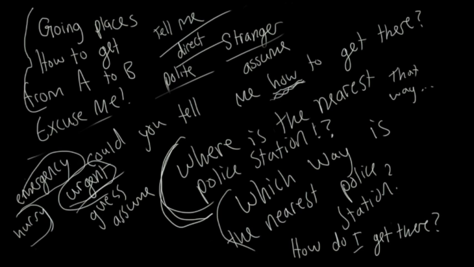That can be your next question. And so if you don't get what you want by asking this in an urgent or emergency situation, you can always ask another question, right? Which way is the nearest police station? It's that way. Okay, how do I get there? So anyway, you can always get what you want. It just depends on how good your questions are, really.